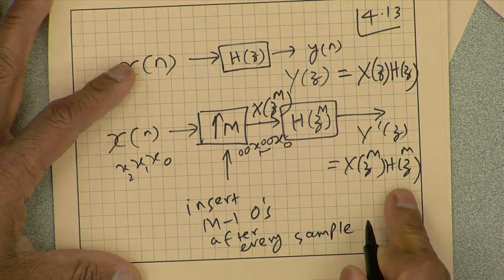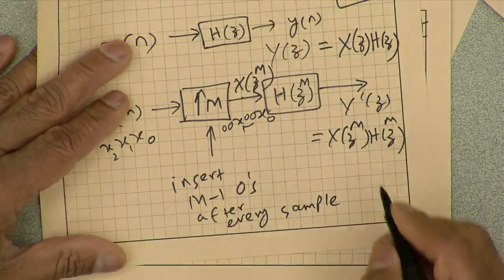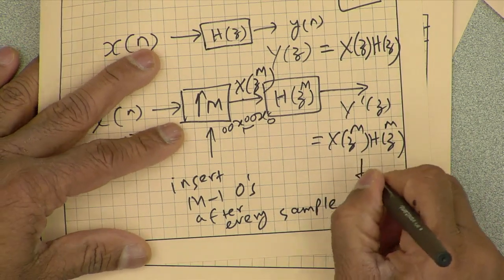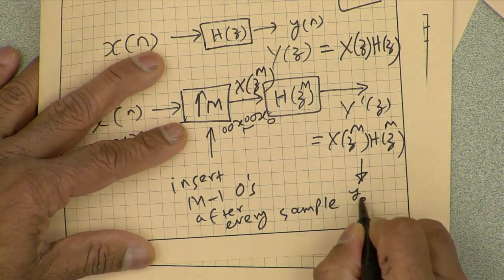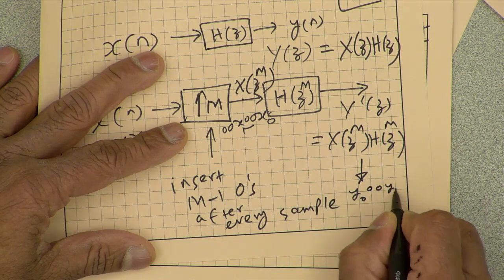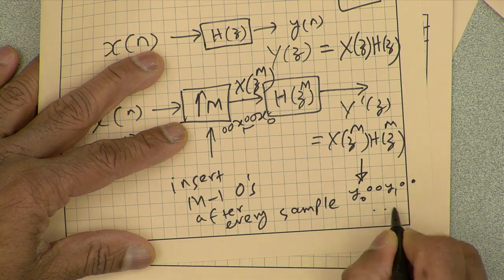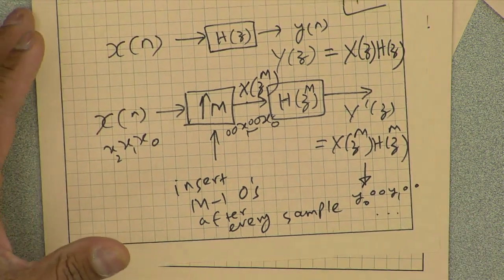If you take the inverse Z transform, that will correspond to y0, then M minus 1 zeros, y1, M minus 1 zeros. So think about this.